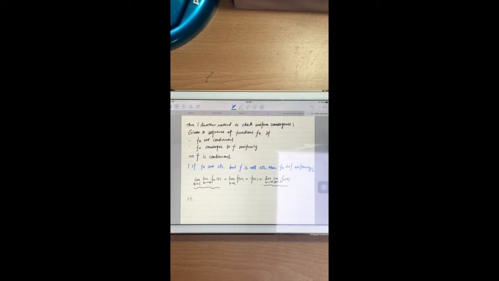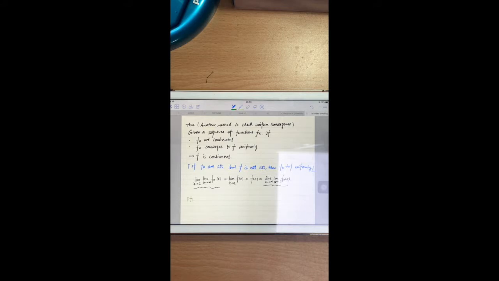The theorem says: given a sequence of functions f_n, if all the functions in that sequence are continuous, and f_n converges uniformly to the limit function f, then the limit function f must also be continuous.